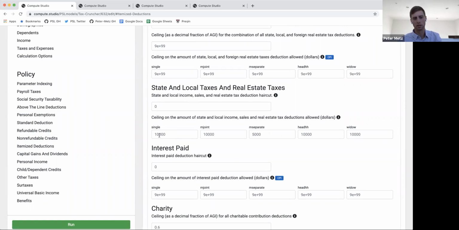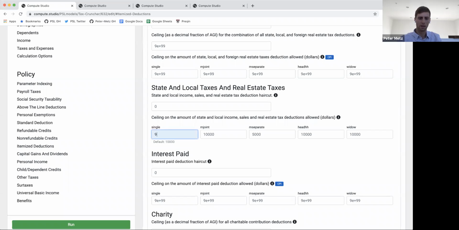We see here that in 2021, the maximum you can deduct is scheduled to be $10,000. So let's eliminate that by typing in this value, which for PSL models is basically infinity. We paste it across all the different filing types, and by doing this, we eliminate the SALT deduction cap.